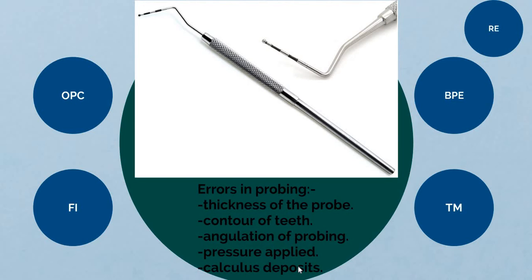For example, if we don't have an appropriate visible cemento-enamel junction, we may take another fixed point on the tooth surface, like the incisal edge or cusp tip. So in measuring the attachment level, you should have a fixed point to measure from.